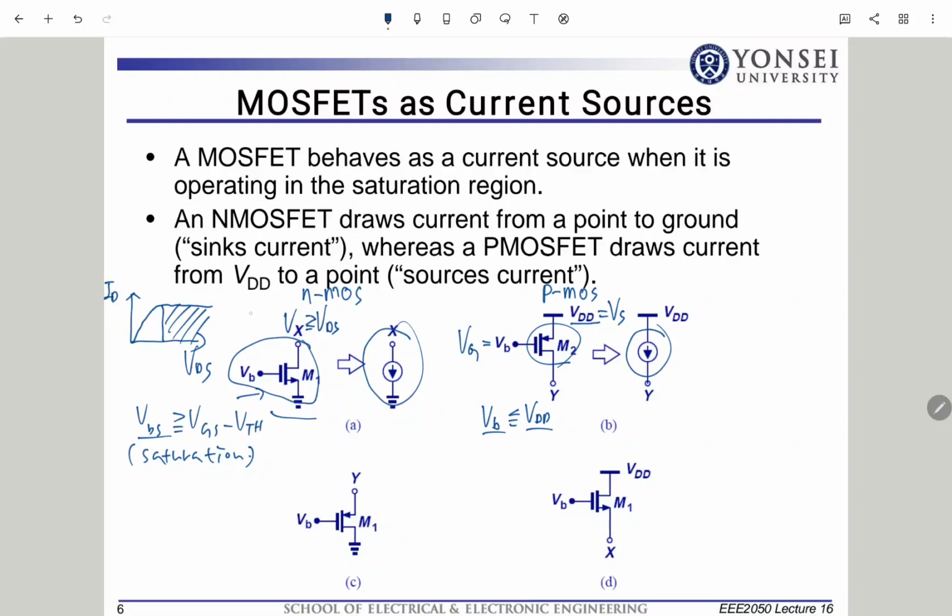So this is the first case, and second case, and third case, and fourth case.